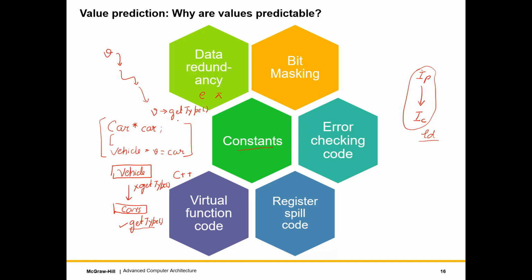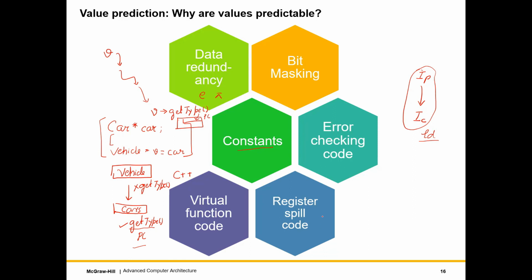The way it actually happens is that we have a small table with each object, which essentially says that for get type, it just has a pointer to the PC, and in this case it is this PC. So all of this code for virtual functions is predictable.